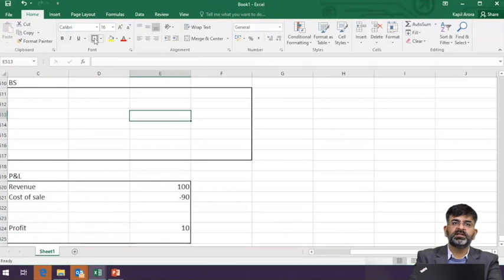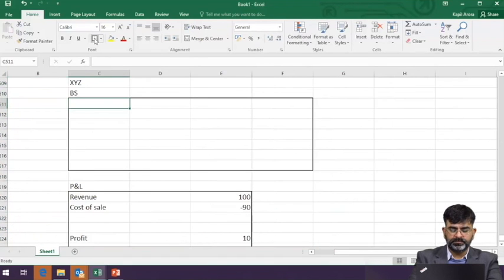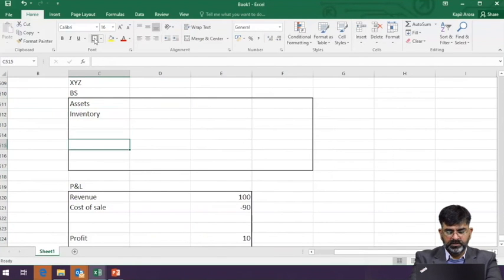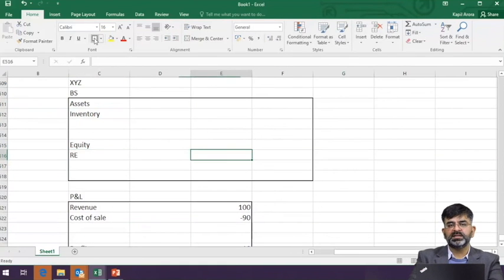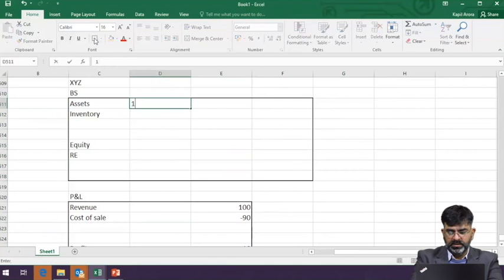On the other side, on assets, let's assume I just have inventory. On the other side, we have equity, which says retained earnings. My last year's retained earnings were, this is for 19-20, this is for 18-19.